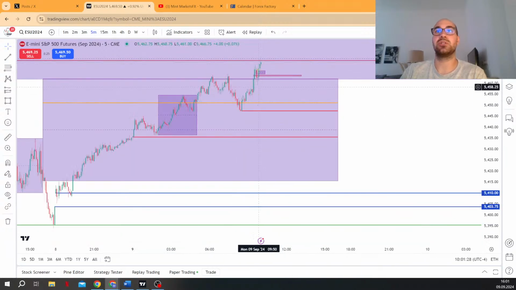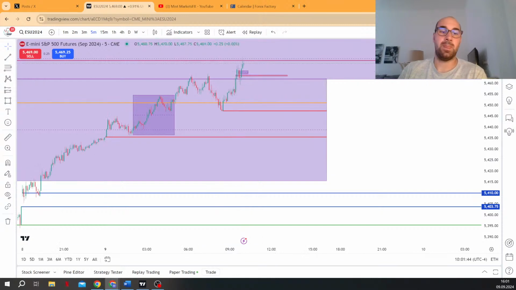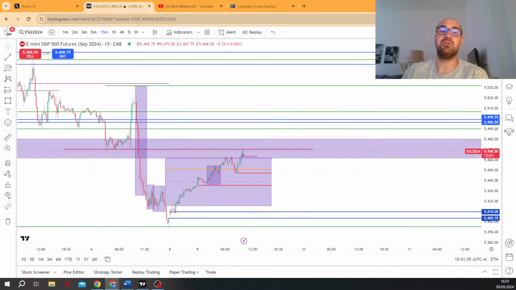So I'm looking for shorts there to trade to 5,451 maybe, or 5,438, the midpoint of the gap. So I'm basically looking for short trade setups in this very session, but the setup has not formed or was not created yet.